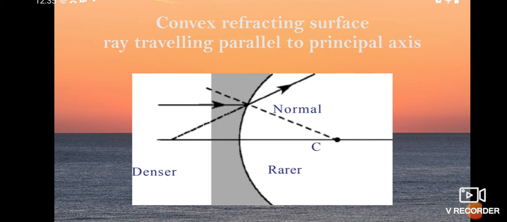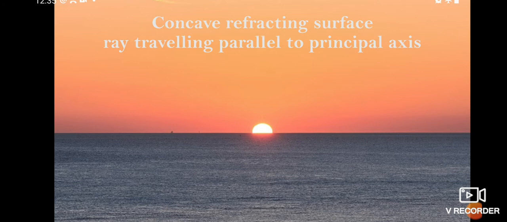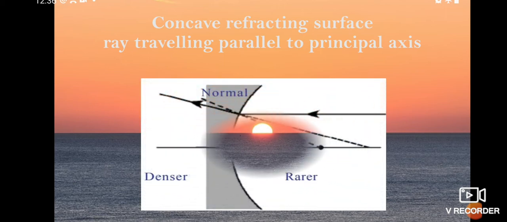And in the next case, the concave refracting surface, with the ray traveling parallel to the principal axis. What is happening when the light ray travels in a concave refracting surface? Let us watch the diagram.